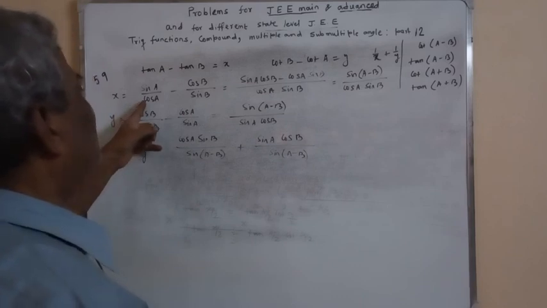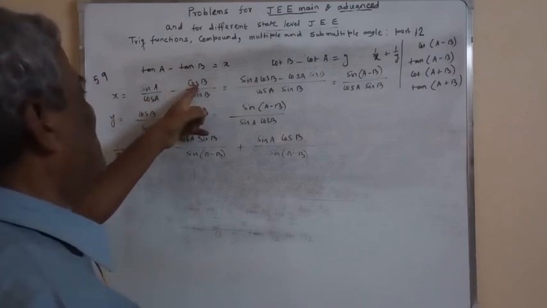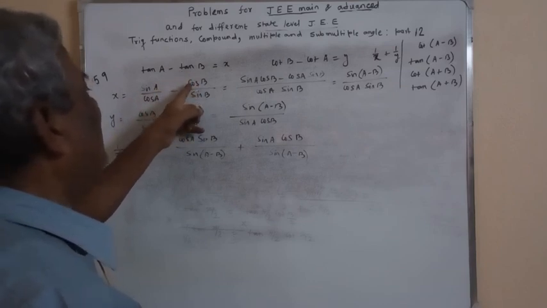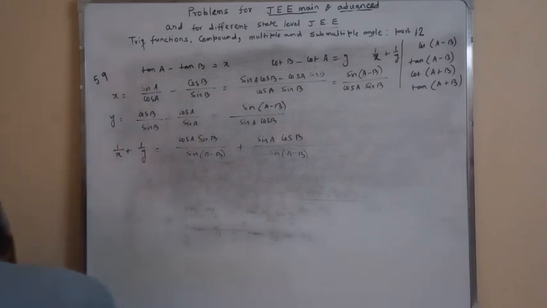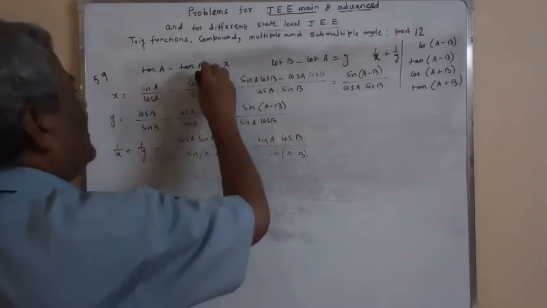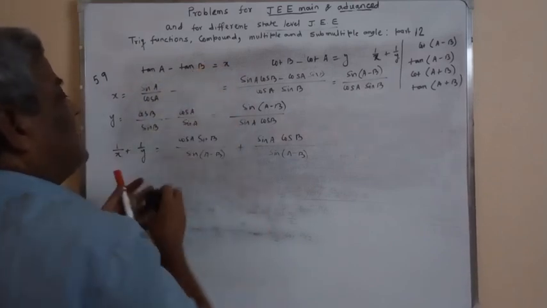Oh, from beginning I have mistaken here. It is sin A by cos A, sorry. Just 1 minute.